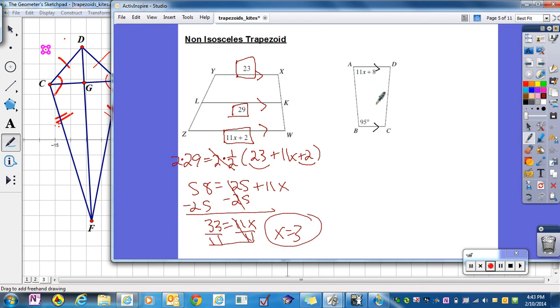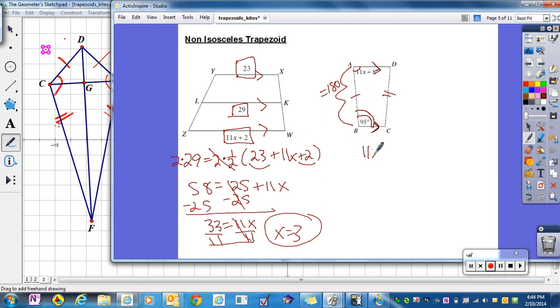Alright, now on this non-isosceles trapezoid, again that means my two non-parallel sides are not going to be congruent to each other. I have angle A and I have angle B. These are not congruent to each other. The relationship is if I have two parallel lines, my two consecutive interior angles are supplementary, so they add up to 180.